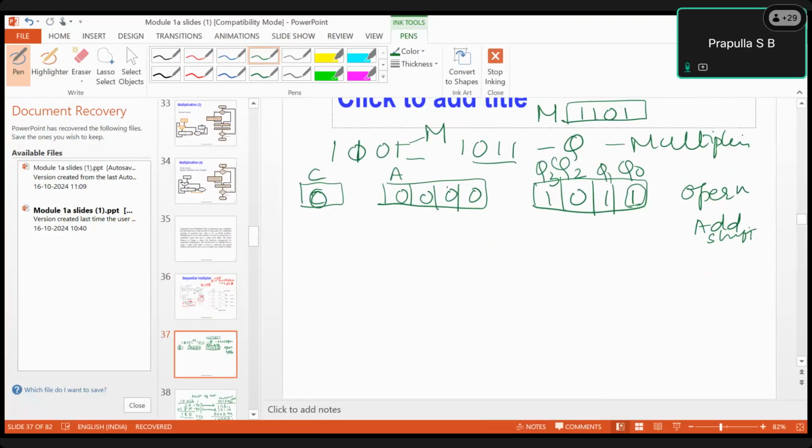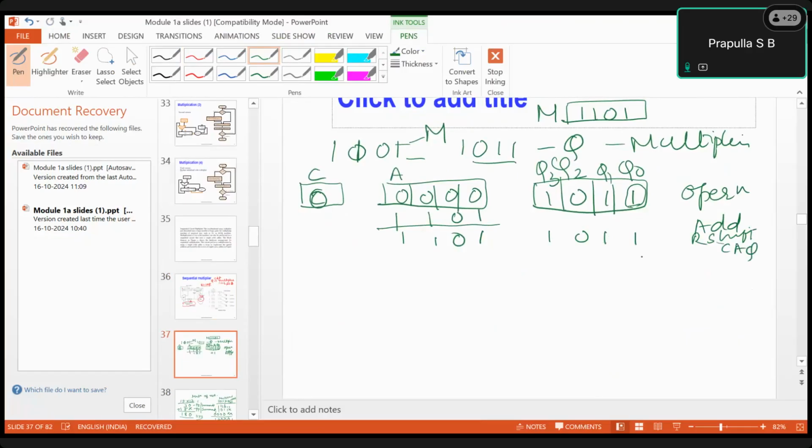Multiplicand is 1101. So first step is add. I have to add this 1101, so I'll get 1101 only because I'm adding with 0. Then this bit I will write as it is. Then I will perform shift. Shift is what? Right shift CAQ.